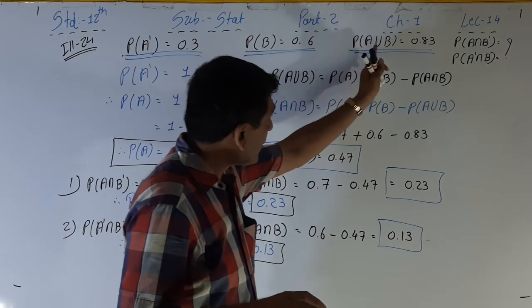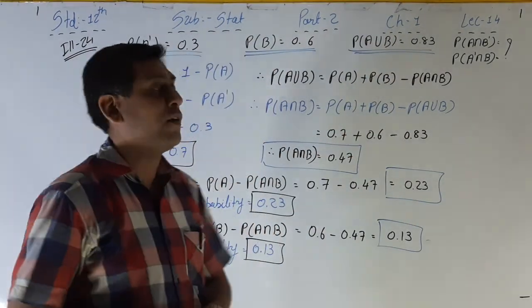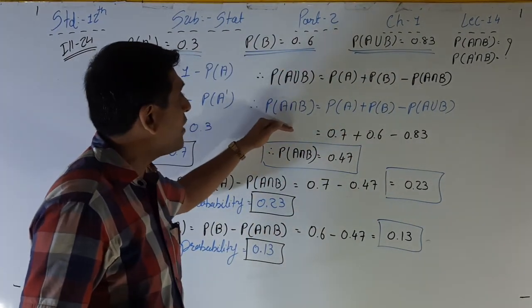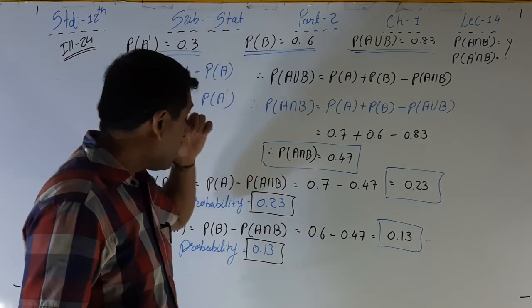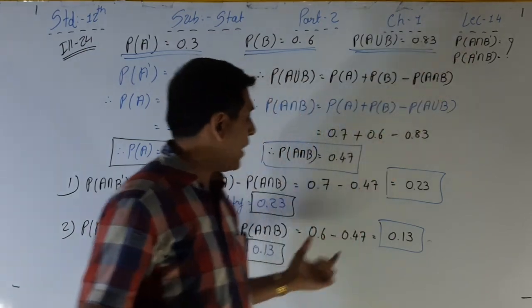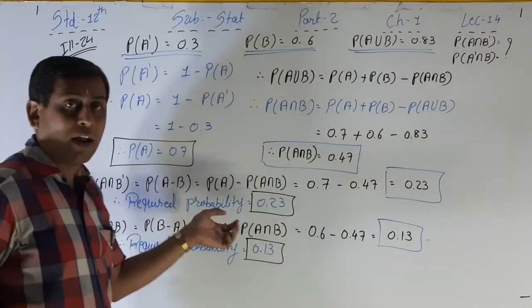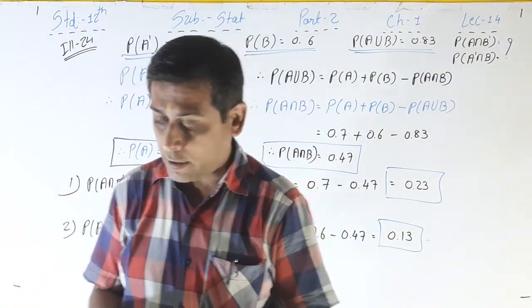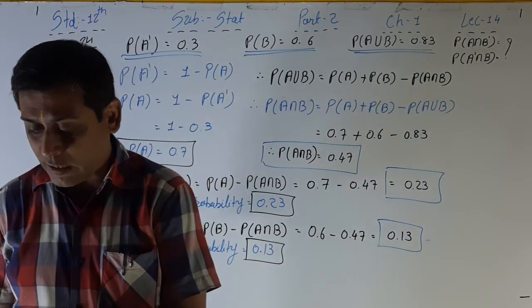Next P of A union B is given. From that we are finding out P of A intersection B, and after finding out all this, we are finding out these two by putting the values into the formula. Okay, so here the very easy sum is over.